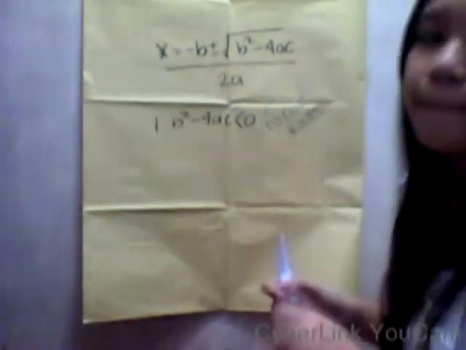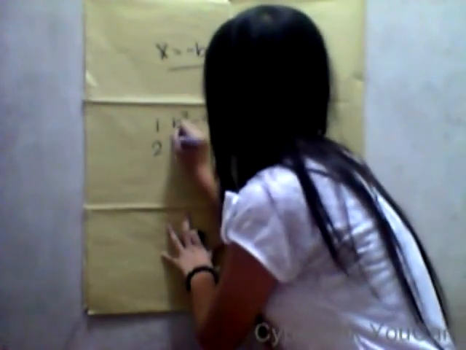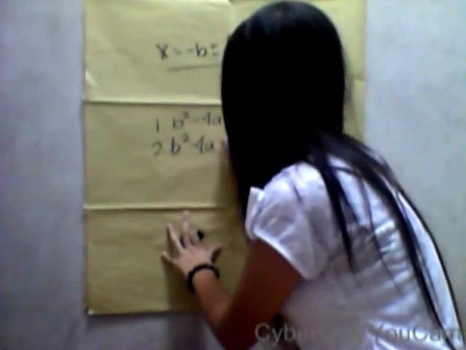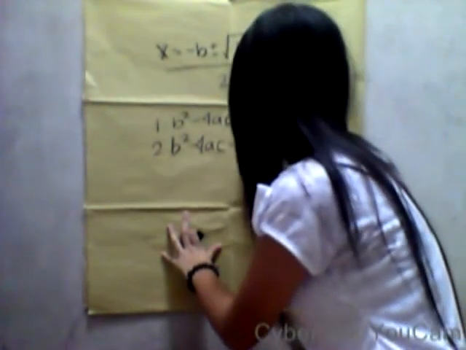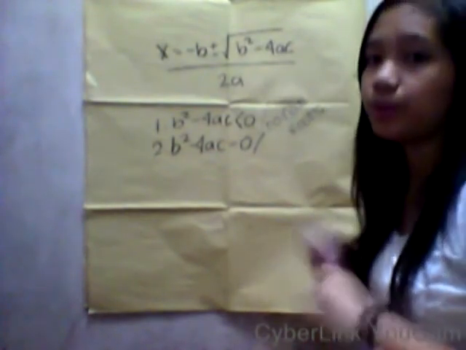Number 2, if b squared minus 4ac is equal to 0, there is 1 real root.